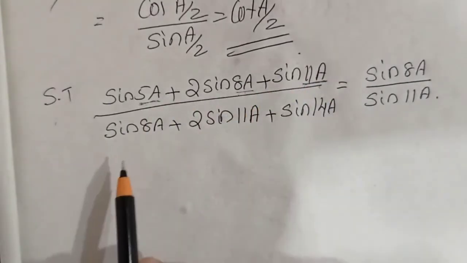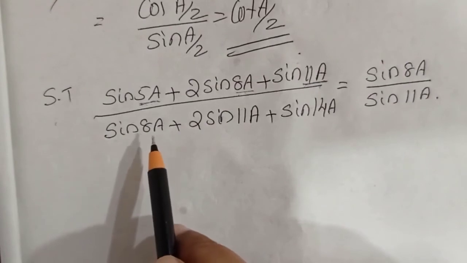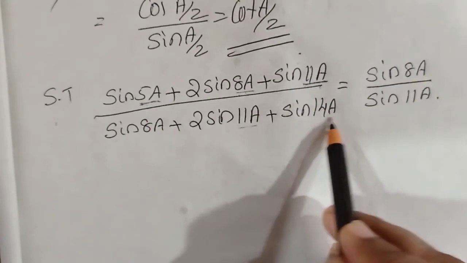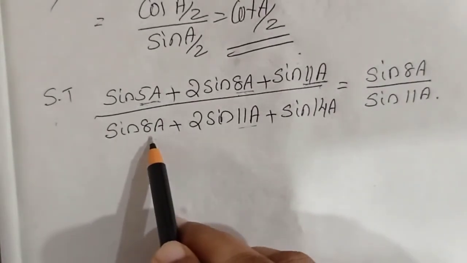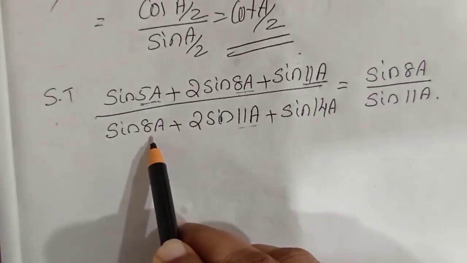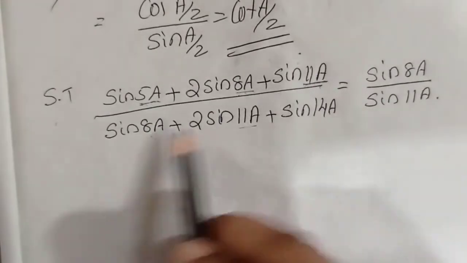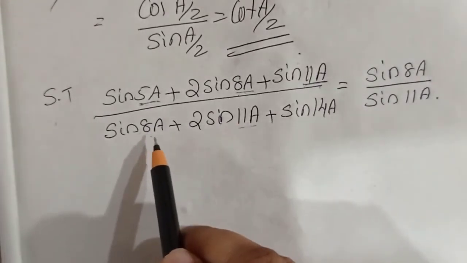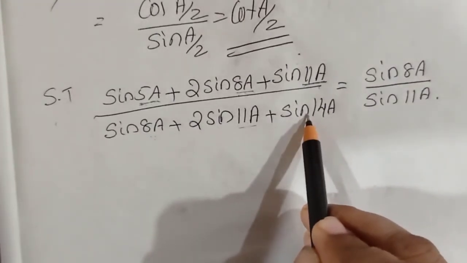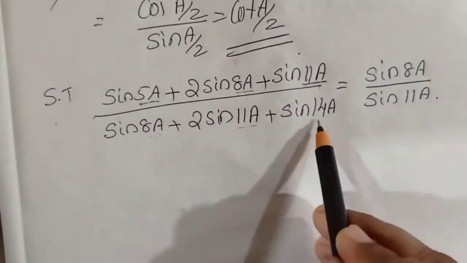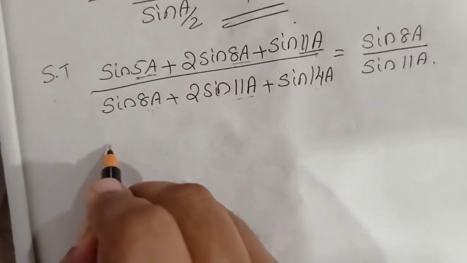And in the denominator, the terms are 8A, 11A, 14A. When you compare the first and second, 8A plus 11A is 19A, 19 by 2. No term like that. Therefore, you can take the first term and the last term, 8A and 14A.